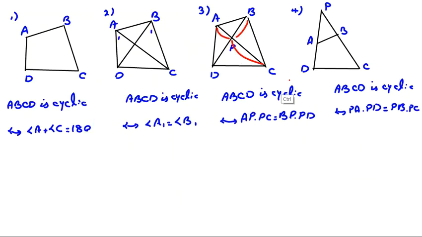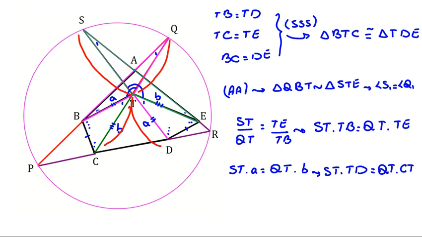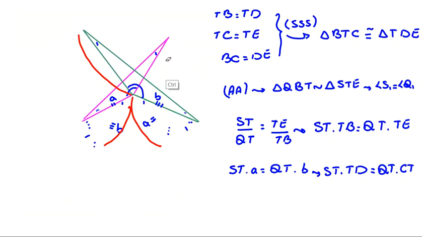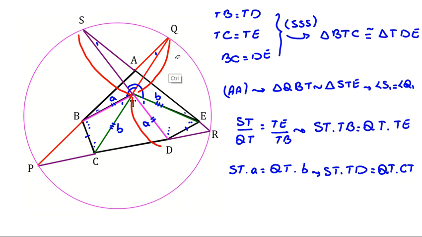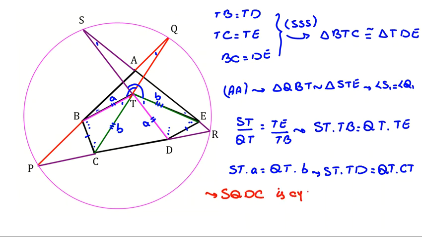Okay, so let's erase. Let's do Control Z. Now we can conclude SQDC is cyclic. You don't need to write the proof of why if the products are equal, because it is so basic, they accept that as a condition for proving a cyclic quadrilateral.